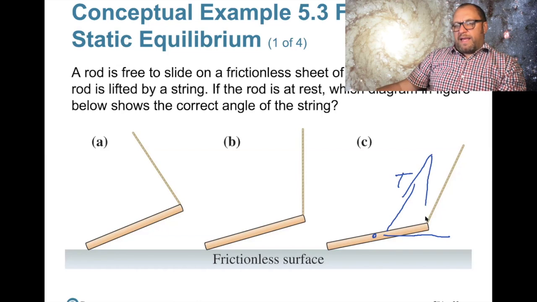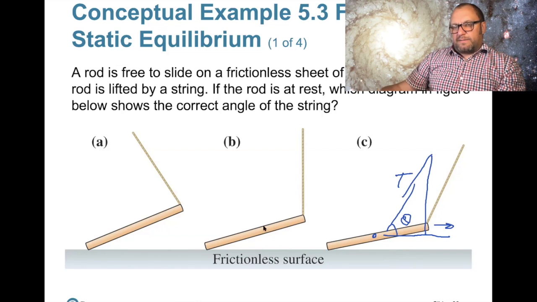So we're going to have an x and a y component, and it's not balanced. Our tension force, whatever this angle theta is, is going to be this way. There's nothing balancing it, so I'd say it's definitely not this one.